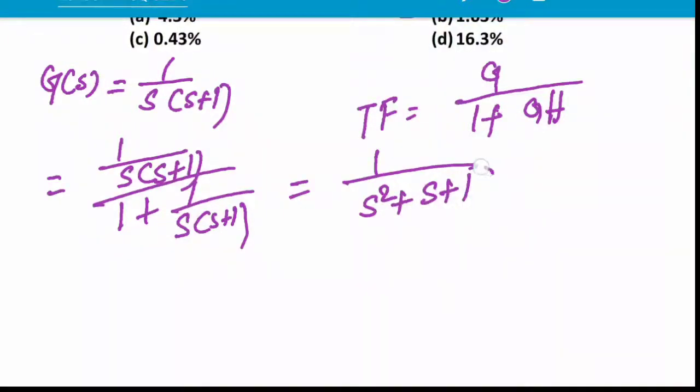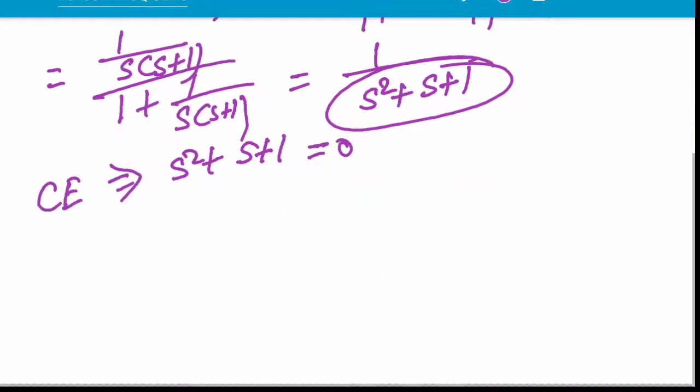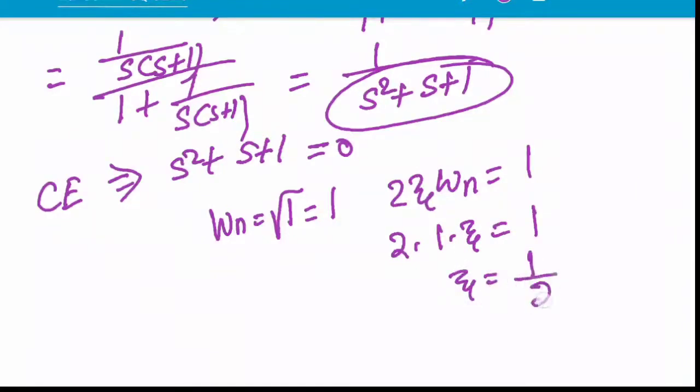The characteristic equation is s square plus s plus 1 is equal to 0. Here omega n is 1, and 2 zeta omega n is equal to 1, so 2 into 1 into zeta is 1, zeta is equal to 1 by 2, which is 0.5.